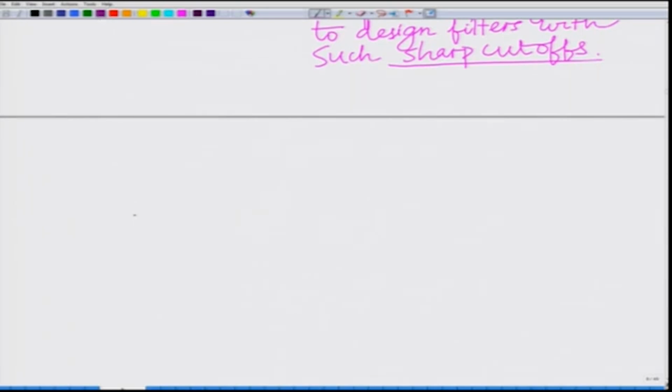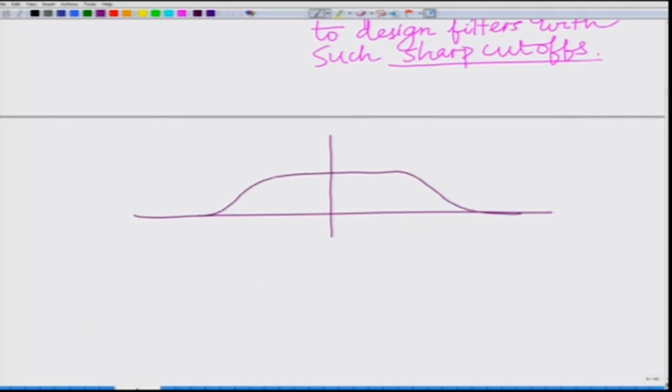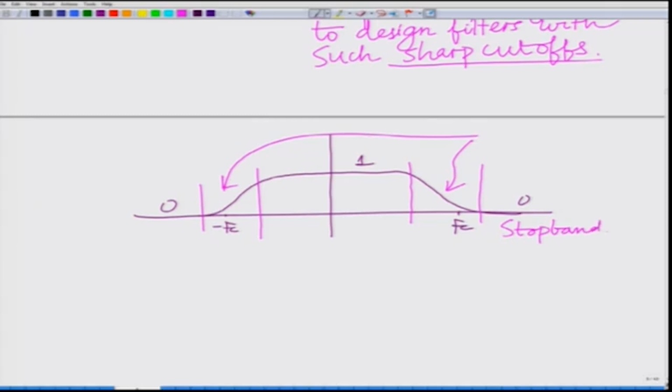In practice, frequently we have filters which have a transition band. So we have low pass filters which are not ideal low pass filters, but they have a transition band. So if this is your Fc, there is a gain of unity, and a gain of 0 or close to 0, and this is minus Fc. There is a band in which it is transitioning from 1 to 0. This is your stop band where the gain is equal to 0.